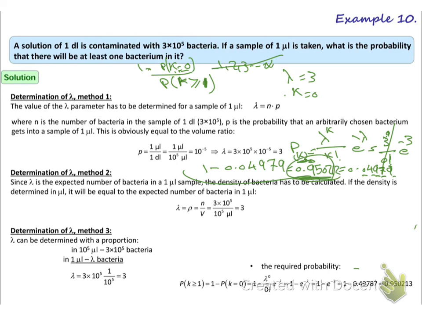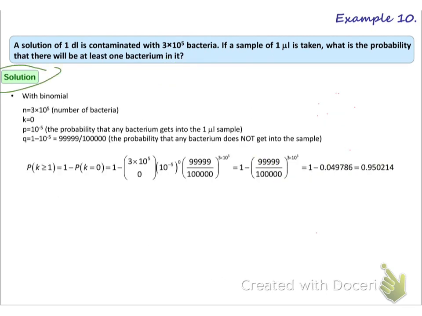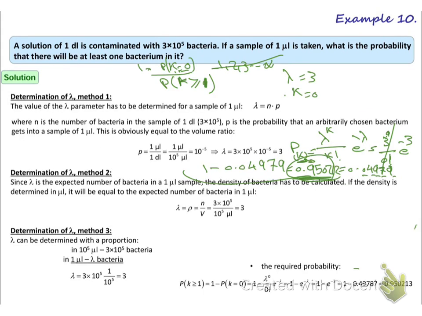Here he gave me more than one way to calculate this; even using binomial we can get it. The only difference is how to calculate the lambda, because the trick here is calculating lambda. I have 3 methods to calculate lambda, and I found this one is the best, just to understand that he has taken a smaller sample of a big sample, and this sample has the bacteria. So the proportion between this small sample and the big sample is the point.